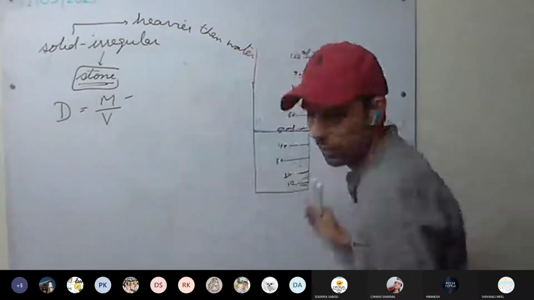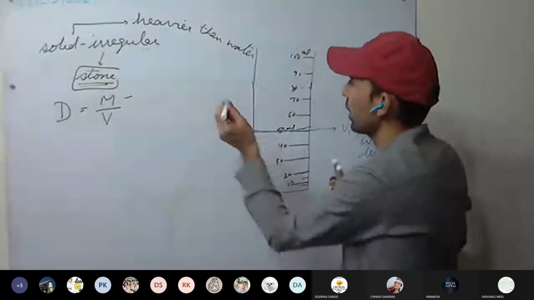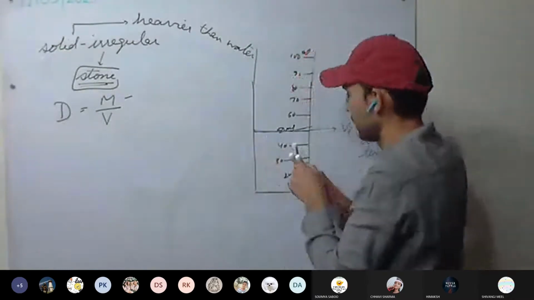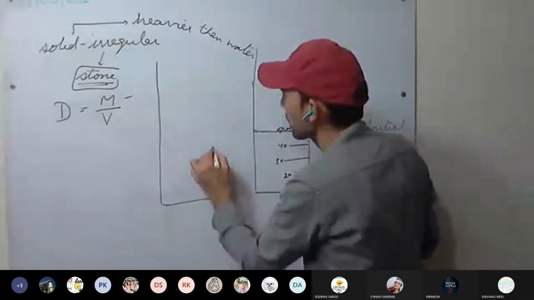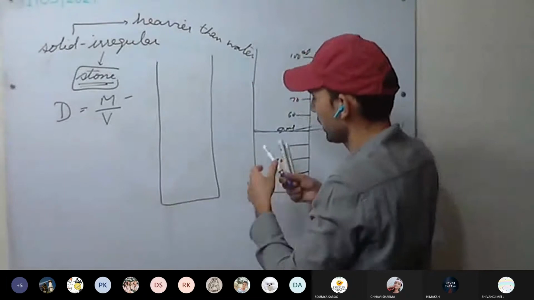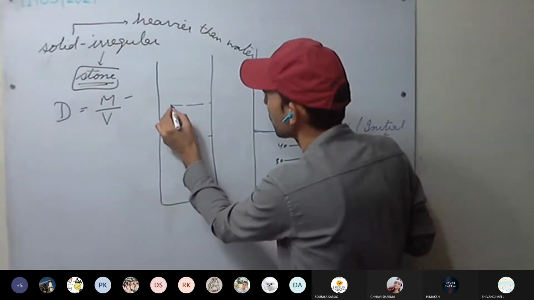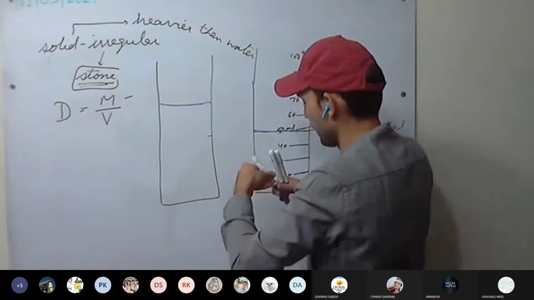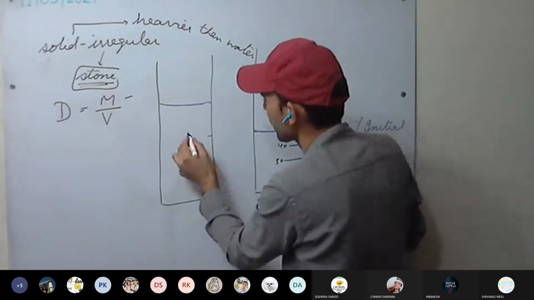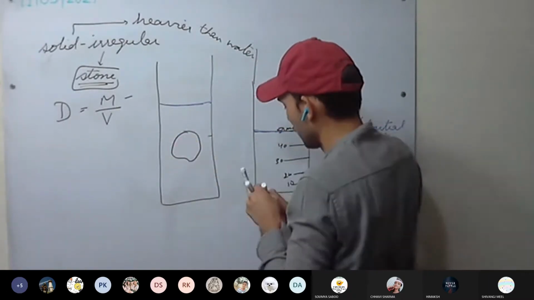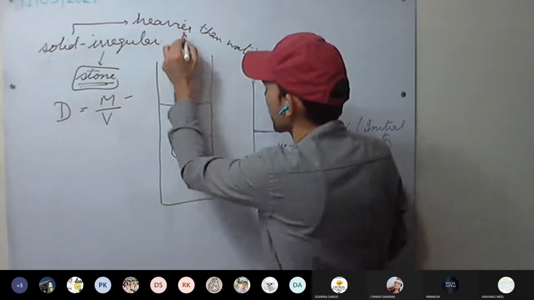Next I'm drawing the measuring cylinder here. Let this be 50. This time the water has moved up to here, and here is our stone and the string.